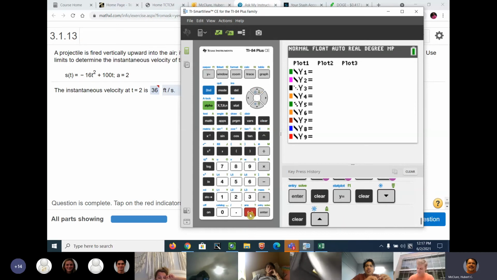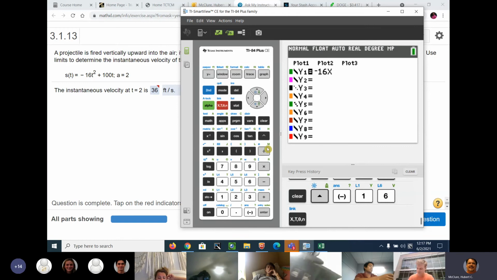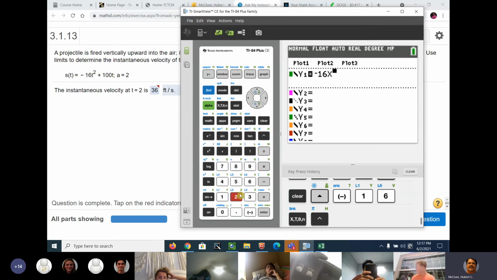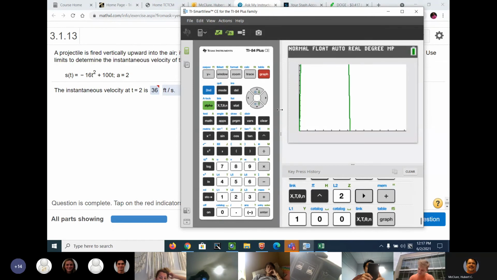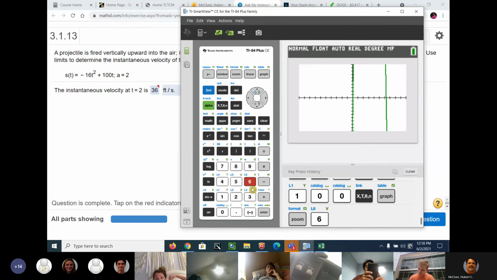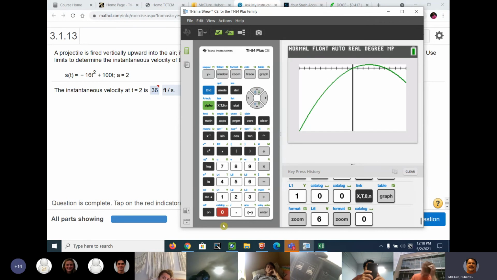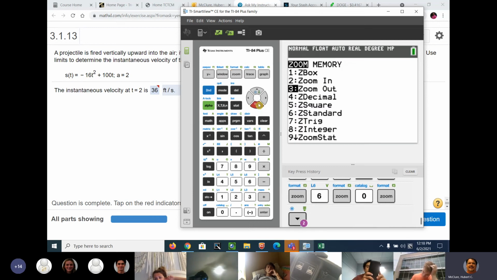And that's going to be -16 x squared plus 100x. And graph. And I'm going to do a zoom standard, zoom fit, and zoom quadrant 1.